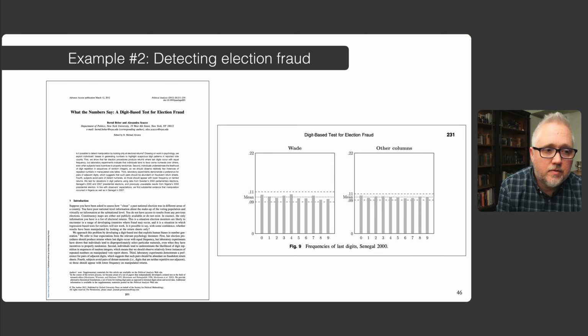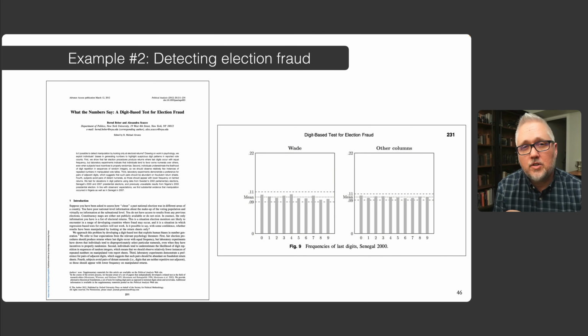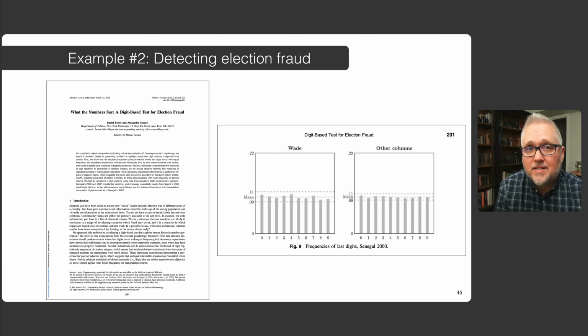You have all those different digits for a particular candidate, as well as those in the other columns, and you can see the mean expected value should be at 0.1, because all of those probabilities together for those 10 different options by necessity have to equal 1 due to probability theory. And then you have the confidence interval around that, ranging at the lower line at 0.09 up to 0.11. So you have a mean that's slightly off that 0.1 because of observational data.